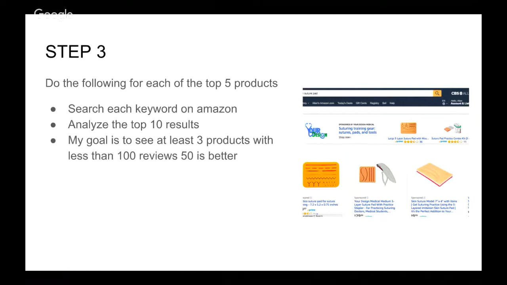And if it has less than 50, it's even better, because that means there are people on the top 10 search results for that keyword that have very few reviews, and I know that with my launch, using the launch strategy that Seth teaches, I can get 20, 30, maybe 40, 50 reviews very easy, very fast. So if other people are selling on the top 10 with less than 50 or 100 reviews, I know I can make it. That's one of the things that I'm looking for.